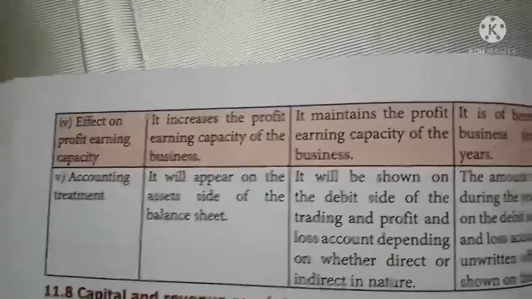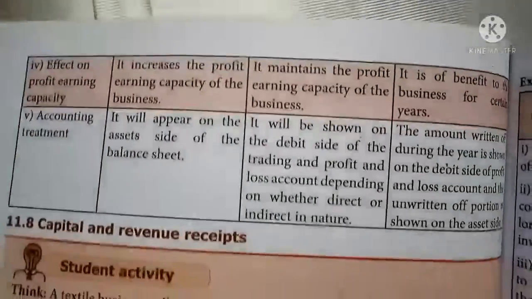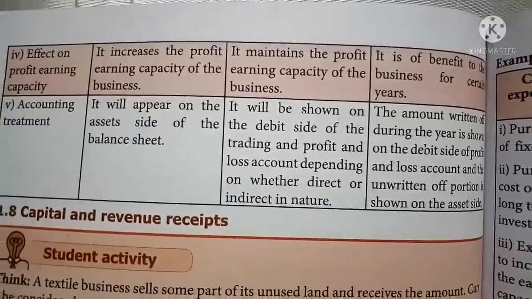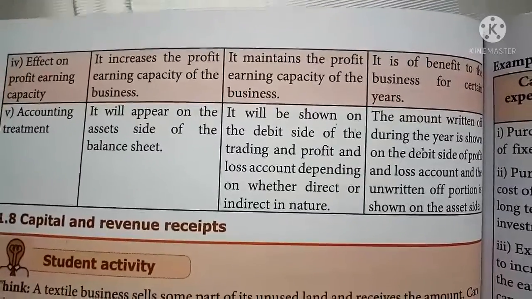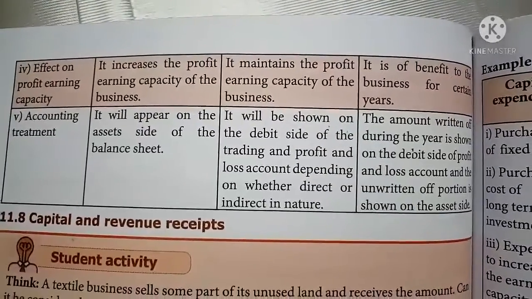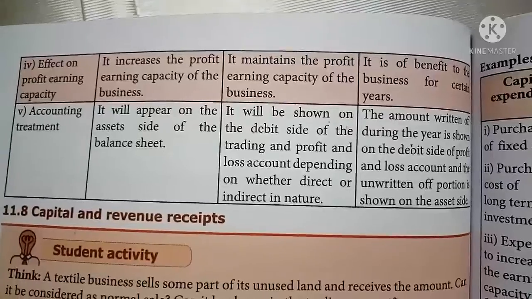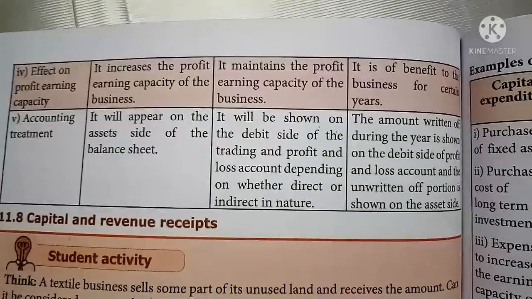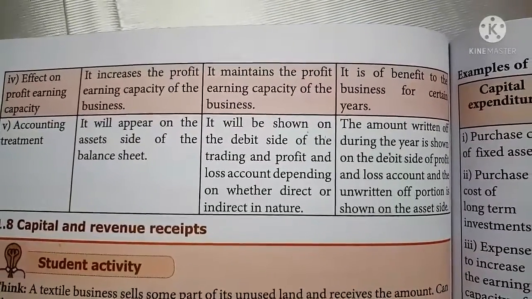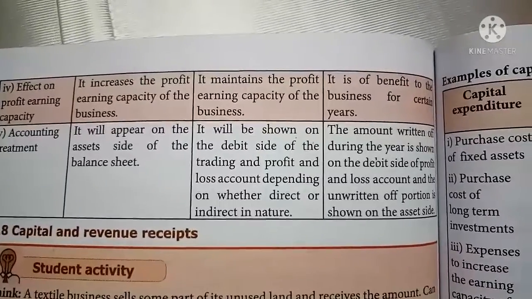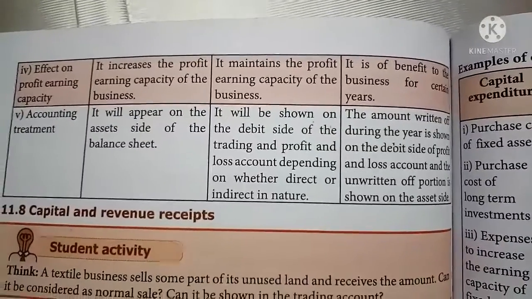Then the effect on profit earning: capital expenditure increases the profit earning capacity of the business. Revenue expenditure maintains the profit earning capacity of the business. And deferred revenue expenditure is of benefit to the business for certain years.